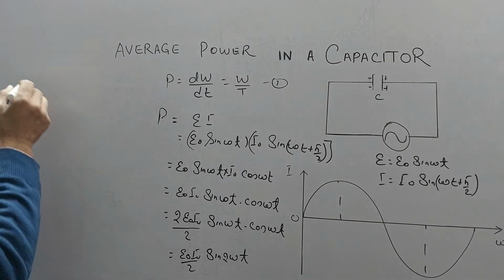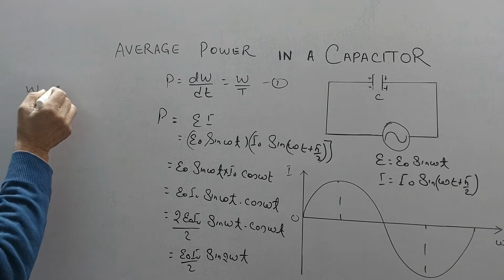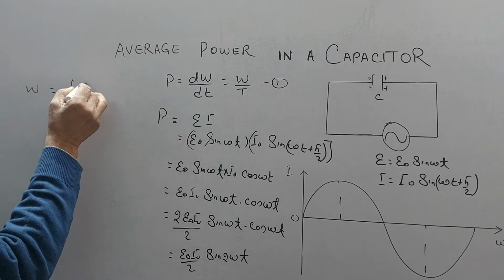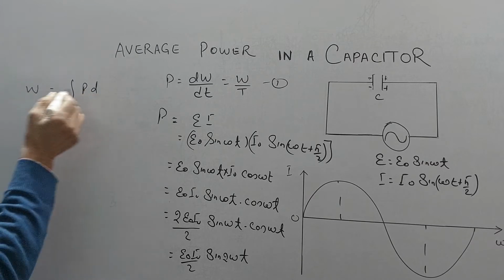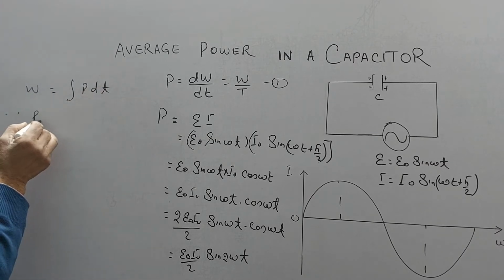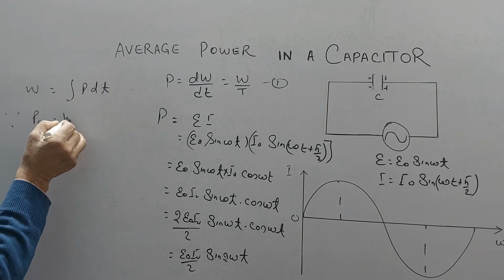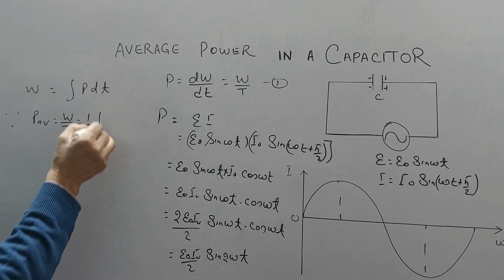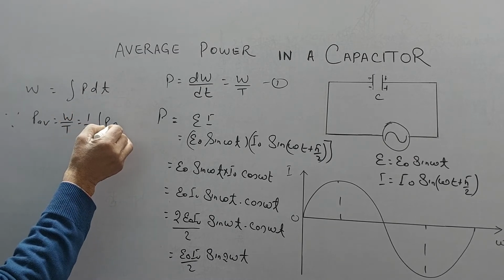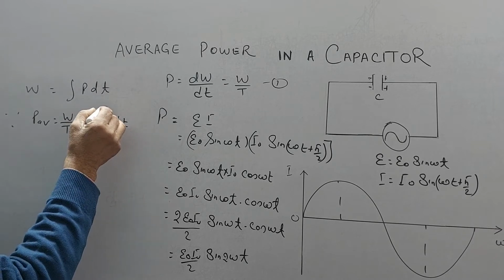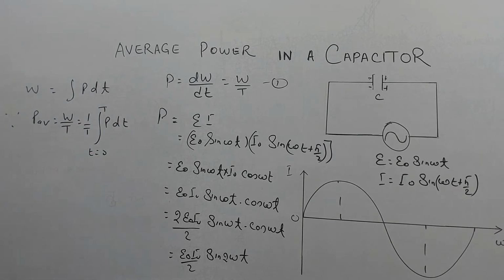I am able to find the total work done. Therefore total work done is equal to power into dt, P into dt, and the average power in one cycle will be work done divided by T, 1 upon T, integration of this value P dt from time equal to 0 to time equal to the time period of one complete cycle.